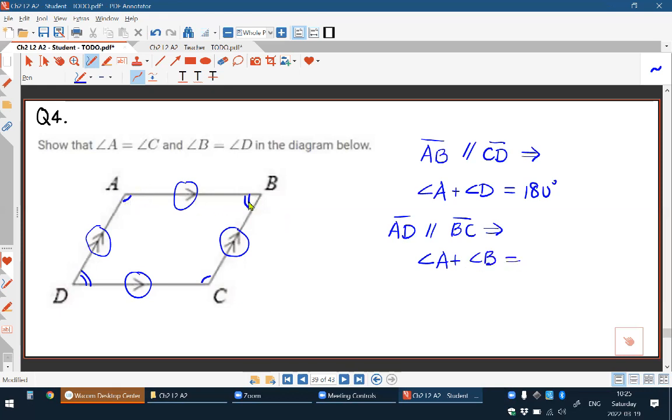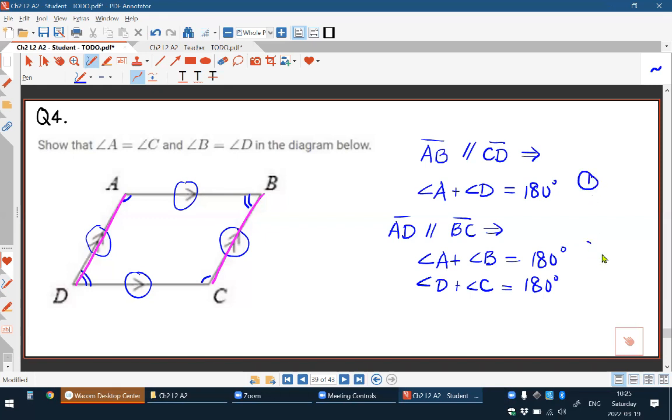This angle must be supplementary to this one, so angle B plus angle A is 180 degrees, and this angle must be supplementary to this one, right? Because these two lines are parallel. You see that? This line is parallel to this line. Therefore, angle D plus angle C equals 180 degrees.